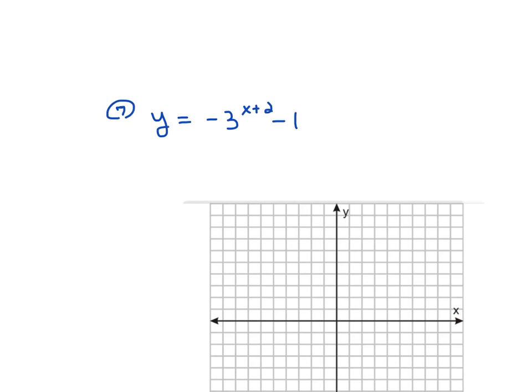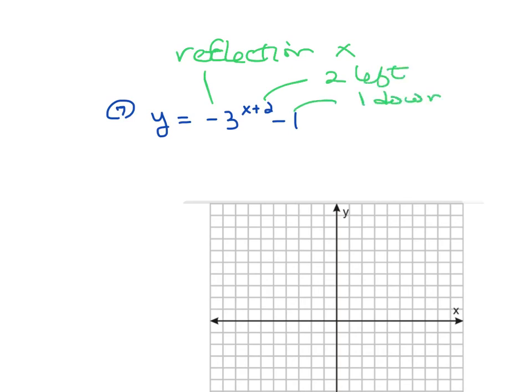Technically, if we were to identify all of these shifts, this would be a reflection across x, this would be a shift to the left, and this would be 1 down.